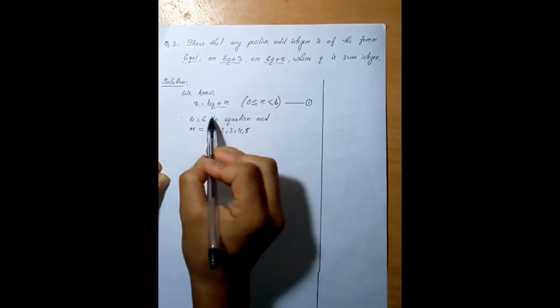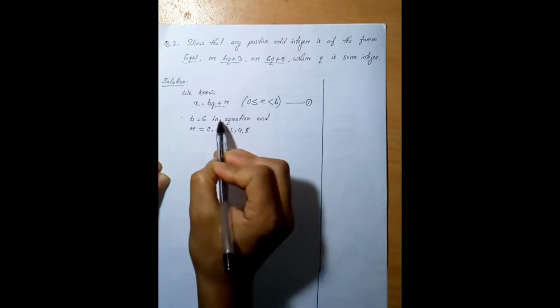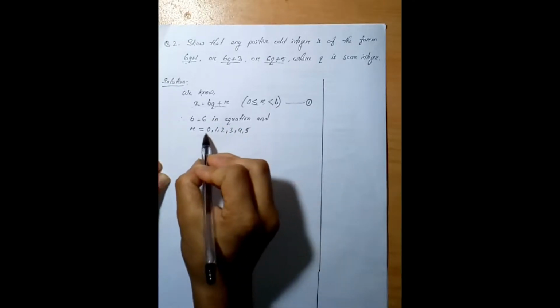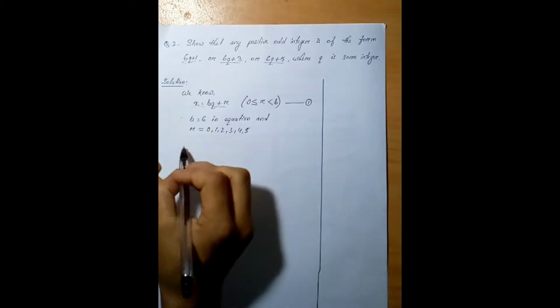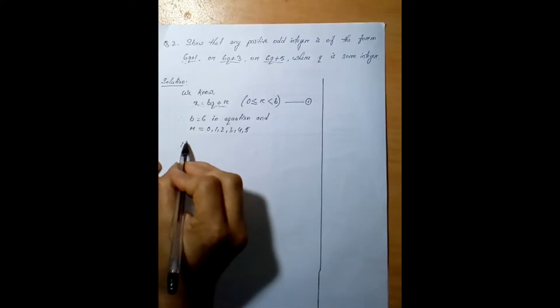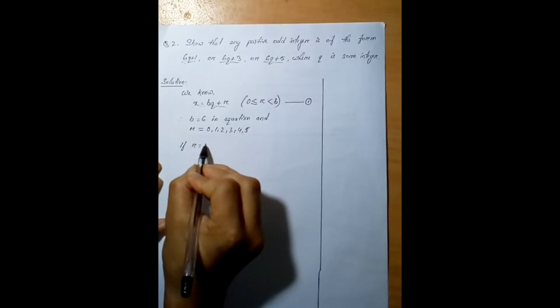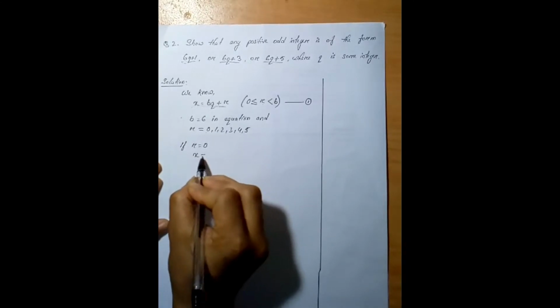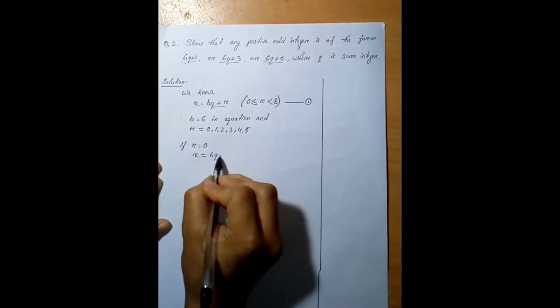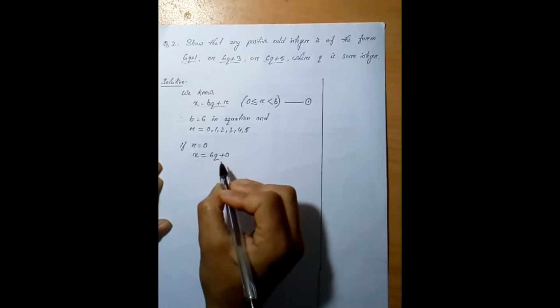So it will go till 0, 1, 2, 3, 4 and 5. So now let's check for 0 first. If r is equal to 0, what will be the equation? x equal to 6q plus 0.